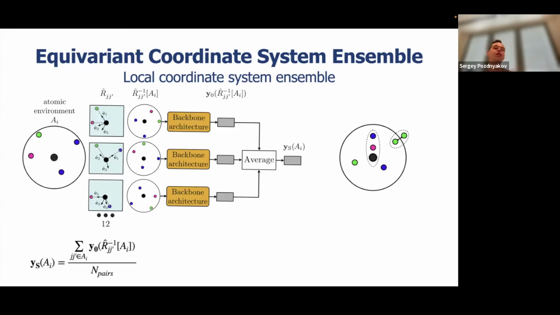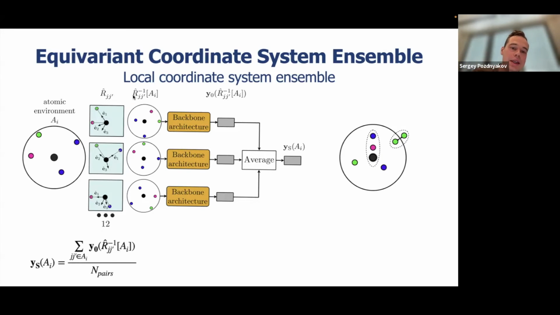No, this is only rotation, and so basically I defined the backbone architecture to be already translationally invariant, which, as I presented on one of the previous slides, is already out of the box for most of the architectures, and I only symmetrize with respect to rotations.